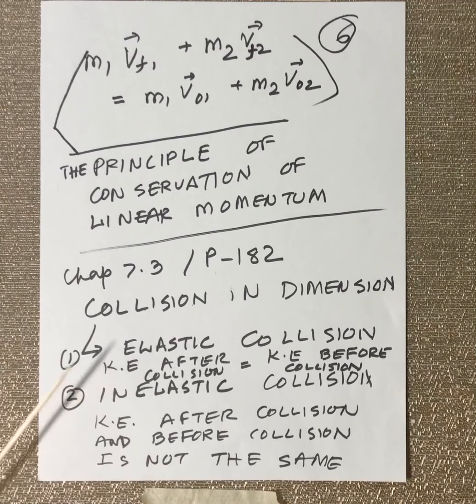Elastic collision means when the two objects collide, the kinetic energy after and before are the same. There is no change in kinetic energy, and that's known as elastic collision. And in inelastic collision, kinetic energy after collision and kinetic energy before collision are not the same. That's the basic difference.